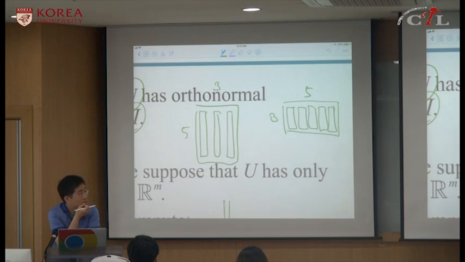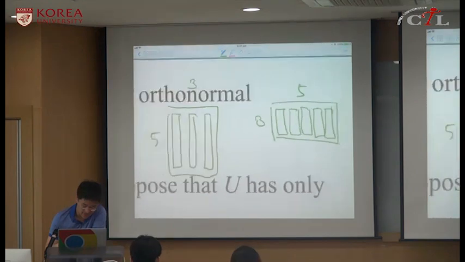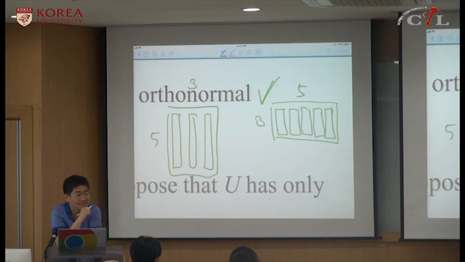I mean that these column vectors should be orthogonal to each other, and their vector length is 1. Okay, between these two, the second one is impossible. And why? I gave you the answer first, and then let me ask why.